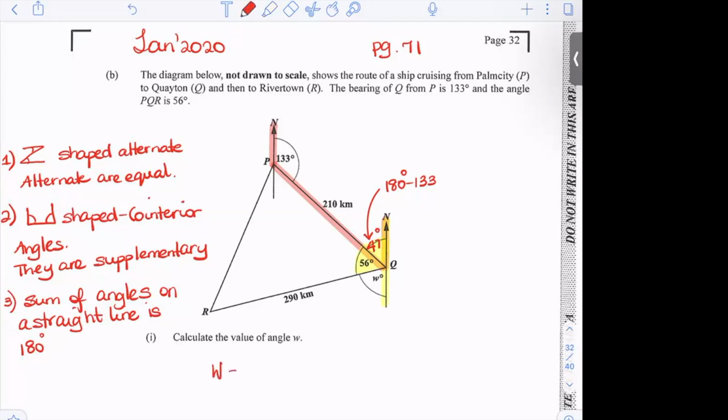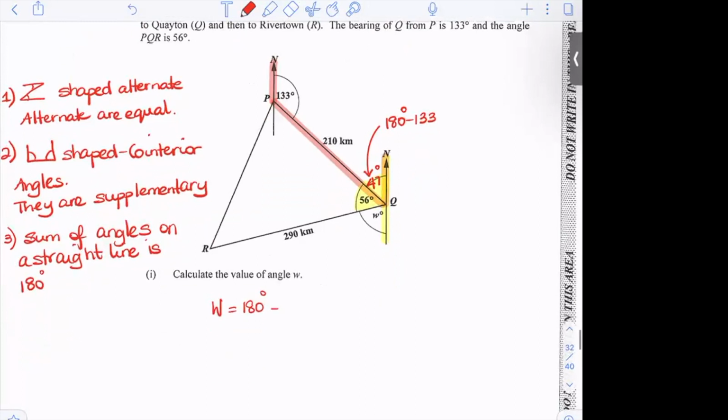Find W. How much is W? 77 degrees, miss. 77.